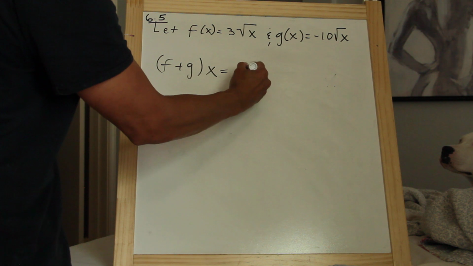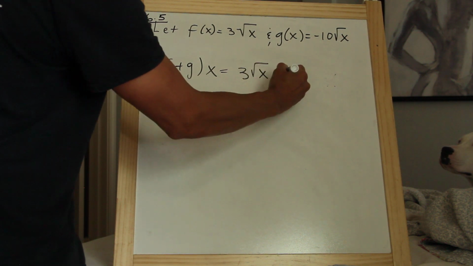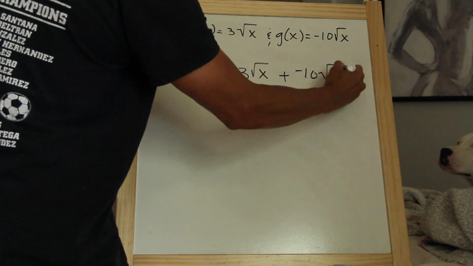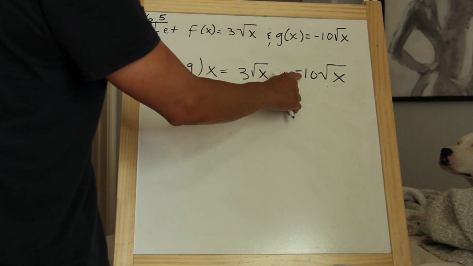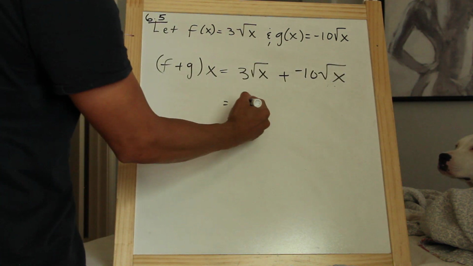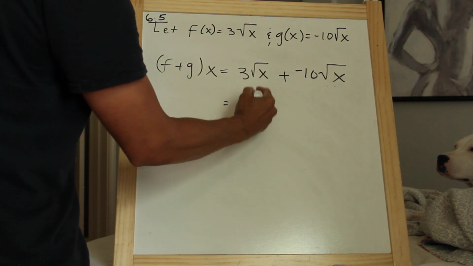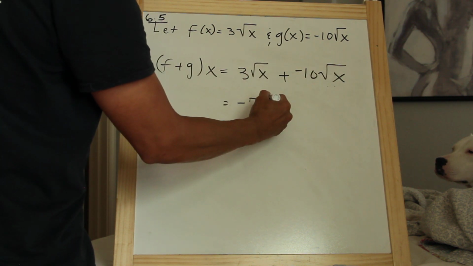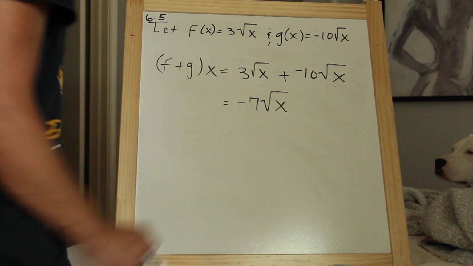So it's 3 square root of x plus negative 10 square root of x. Since that's a negative sign here, it's really saying 3 square root of x minus 10 square root of x. So 3 minus 10 is negative 7. The square root of x remains the way it is.